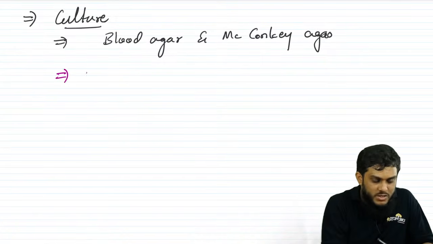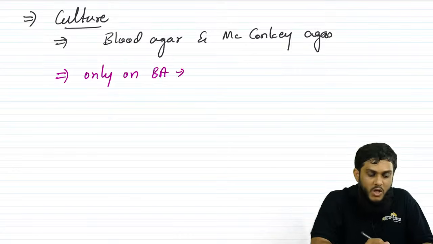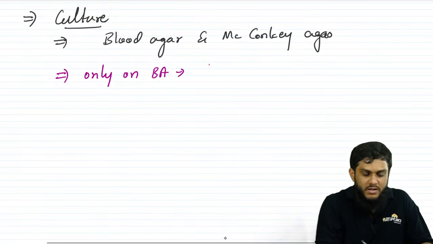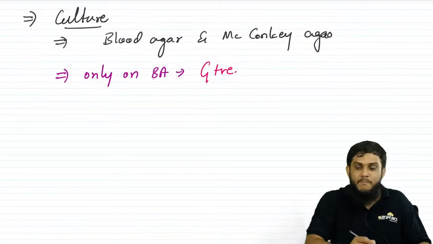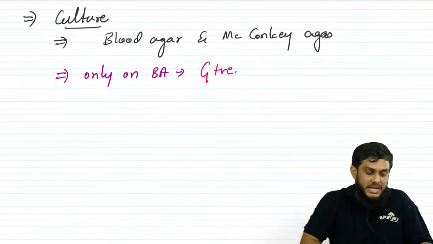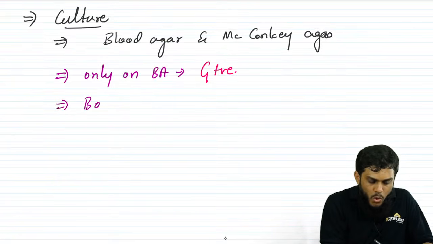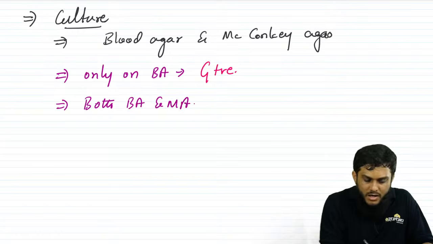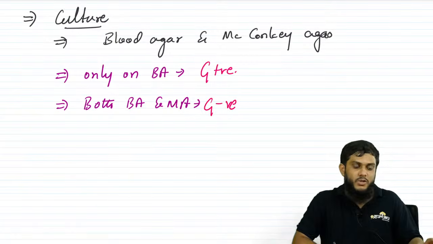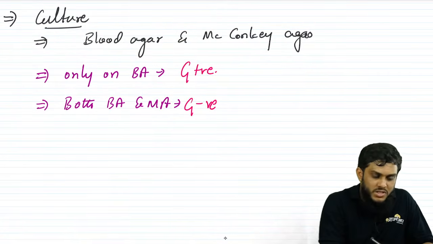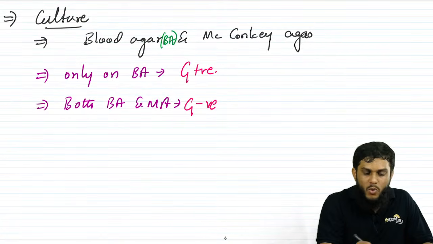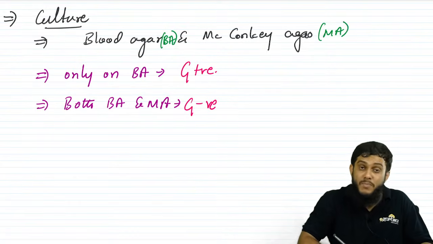If the organism is growing only on blood agar, then we can suspect the organism is gram positive. If the organism is growing on both blood agar and MacConkey agar, then we can say the organism is gram negative. Why? I'm using the short terminology BA for blood agar and MA for MacConkey agar.